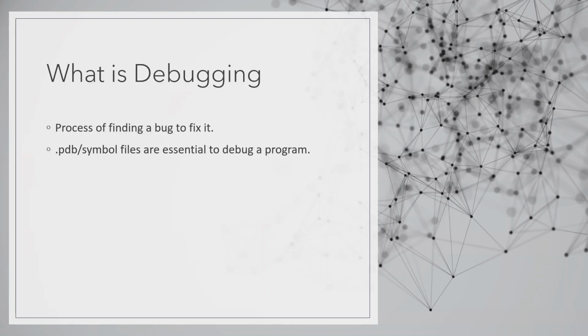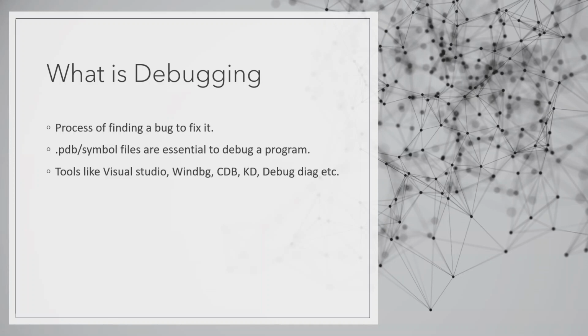This contains a lot of things. You can think of it as a mapping file which contains the map between your instructions in your process to the line of code that actually created those instructions. We'll talk about more of the PDB file later.